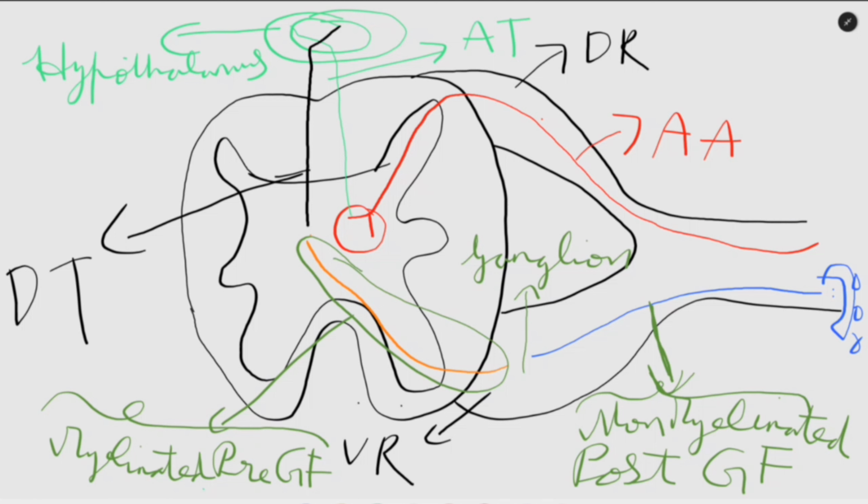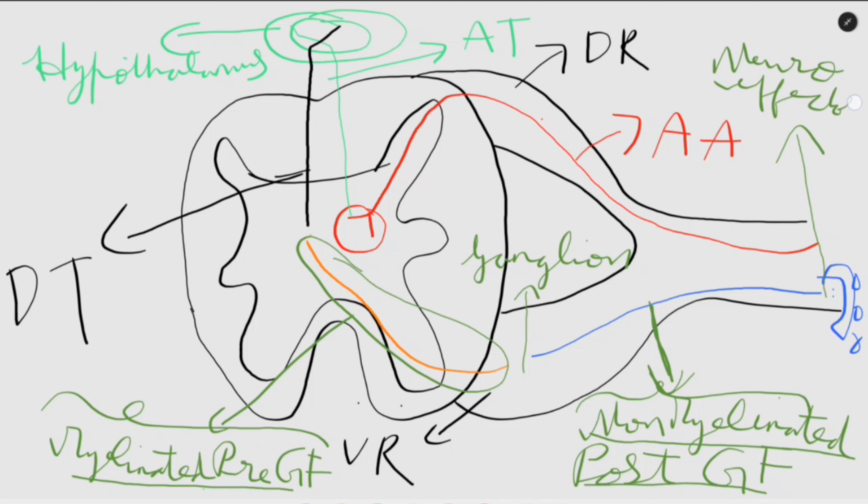Ganglia means a collection of neurons in the peripheral nervous system. The junction between the non-myelinated postganglionic fiber and the receptor of the organ supplied by it is known as the neuroeffector junction.